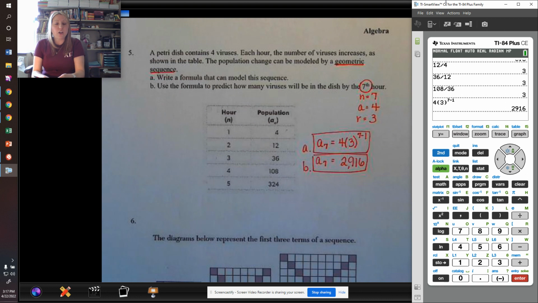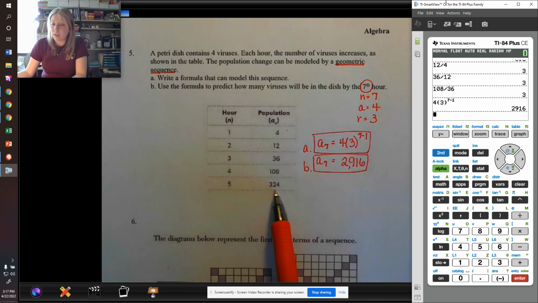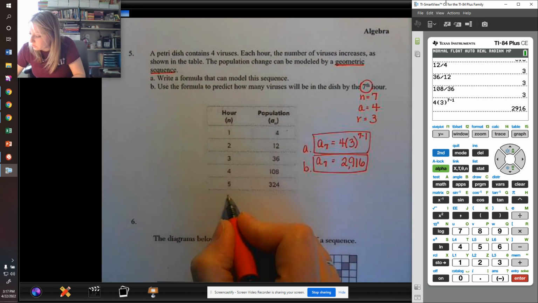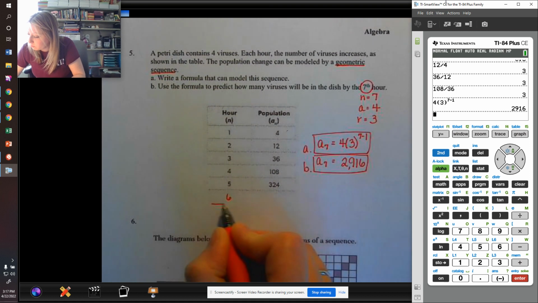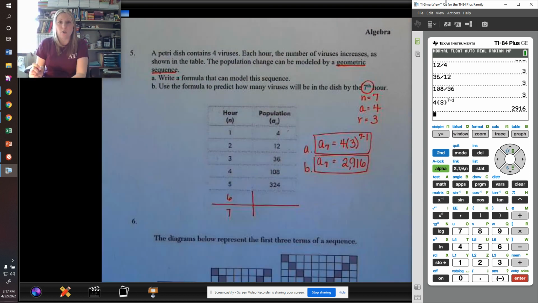And I'm just going to double check myself. So if I was left off on the fifth hour gave me 324 in my population, then let's do the 6th hour right here and the 7th hour right here just to make sure. So I'll take 324 and I'll multiply by 3.